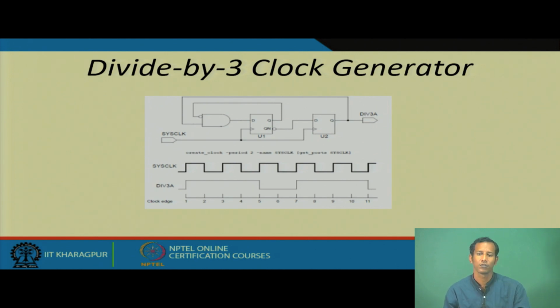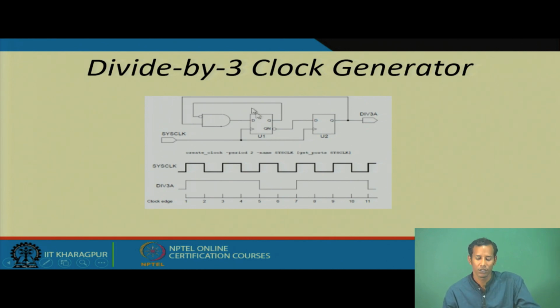Now, in some cases we may require a divide by 3 clock. On that aspect, how can we generate a divide by 3 clock, which is not a power of 2? At that time, suppose we have the system clock.